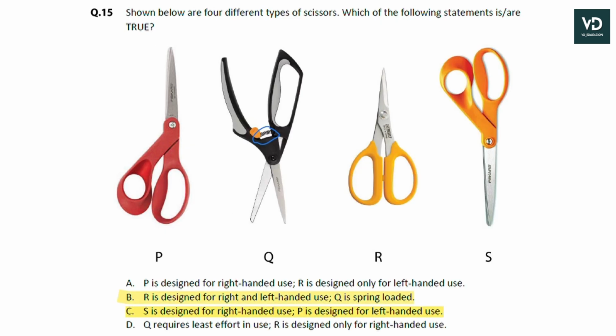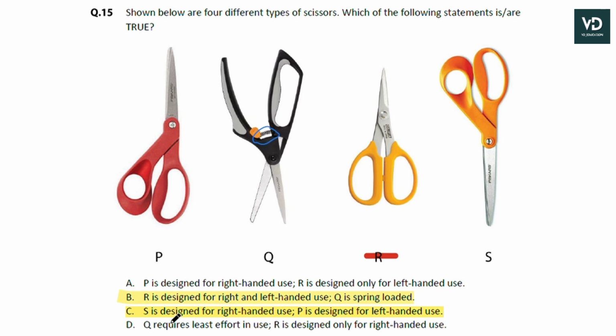15th question. Shown below are 4 different types of scissors. Which of the following statements is or are true? And the correct options are B and C, as R is designed for right and left-handed use. Okay, this is a common type of scissors that we use generally in our daily life. And Q is spring-loaded. Like here we can see they have provided a spring.